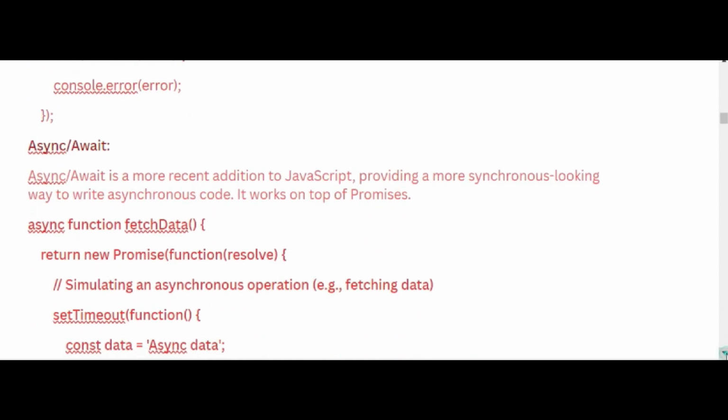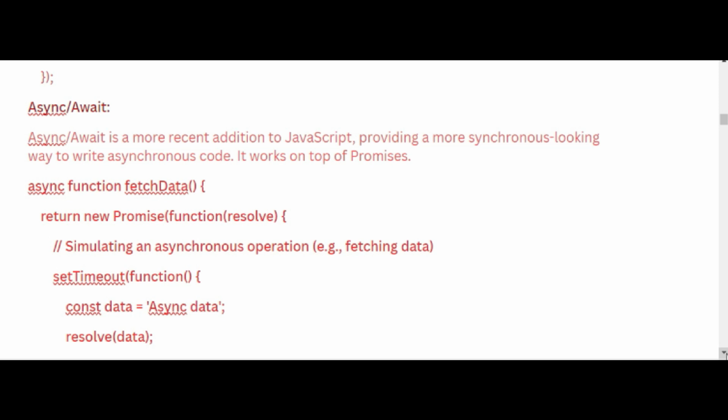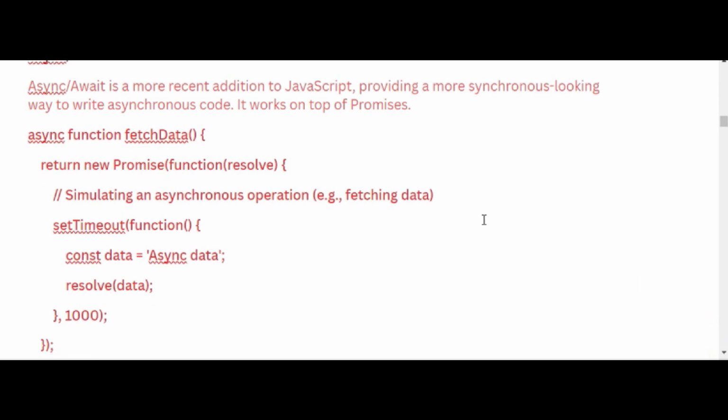Right? Async and await. Async and await is more recent addition to JavaScript, providing a more synchronous looking way to write asynchronous code. It works on the top of promises, right? So async function fetchData(), return new Promise(function(resolve).